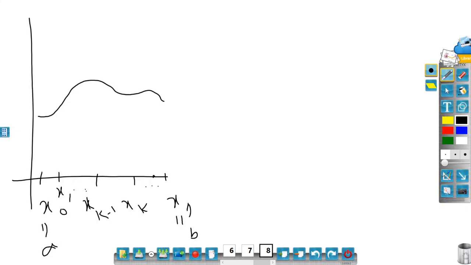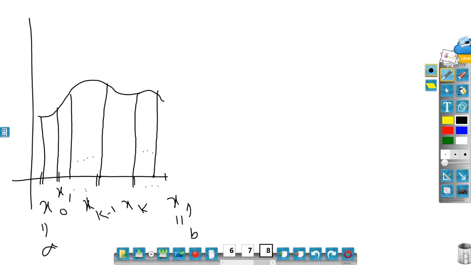So let me draw the rectangles. So here xk, maybe xk minus 1. Right. So upper sum means above the curve. I have to find out the rectangle.